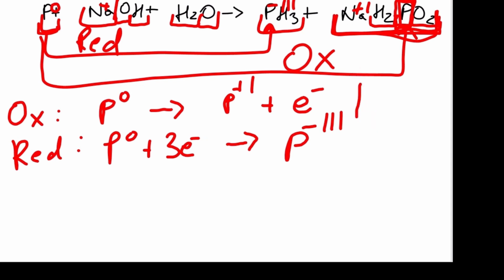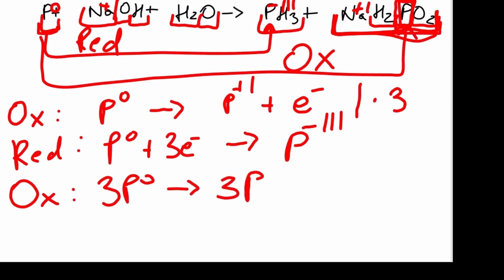So we need to multiply the first reaction by 3. And here we get the new oxidation reaction with the new coefficients. We have 3 atoms of phosphorus, which give us 3 atoms of phosphorus with the oxidation state equal to plus 1, and of course 3 electrons.